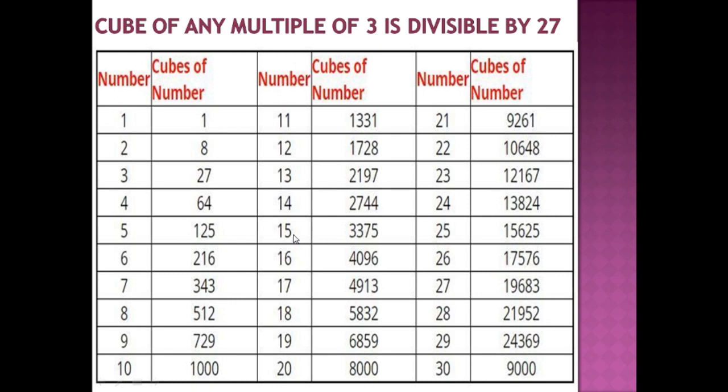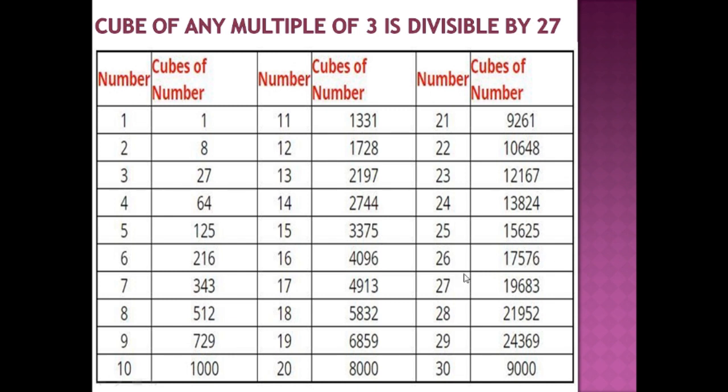Suppose I have selected 15 and find the cube of 15, multiplying 15 three times. You will find 3375, and this number is divisible by 27. Just divide this number by 27 and check. You will find that it is divisible by 27.